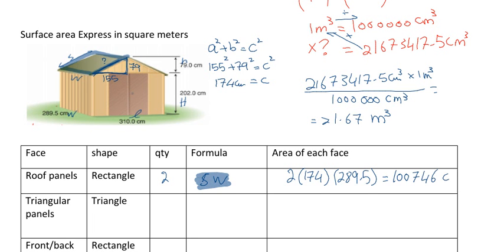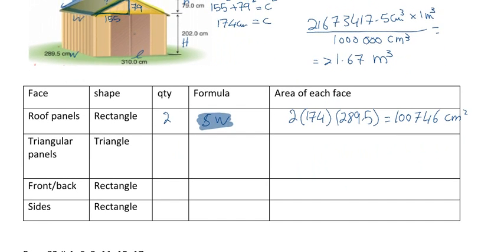Now, moving on to the triangular faces. I have 2 triangular faces, right? So this is one of them, and the back. So I have 2 of them. What's the area of a triangle? Half base times height.